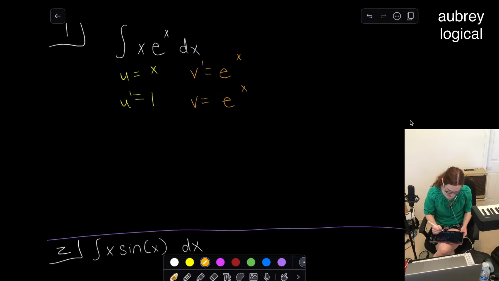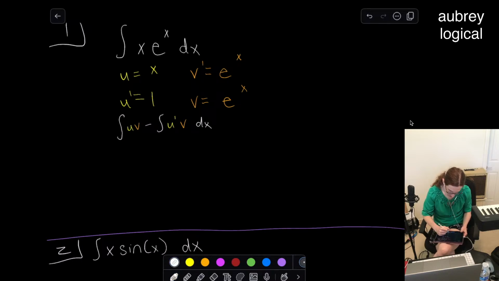Now, we have a formula. It varies ever so slightly from the one that you'll find everywhere on the internet, but it's via my professor, and it is u times v minus the integral of v prime times, or of u prime times v times dx.